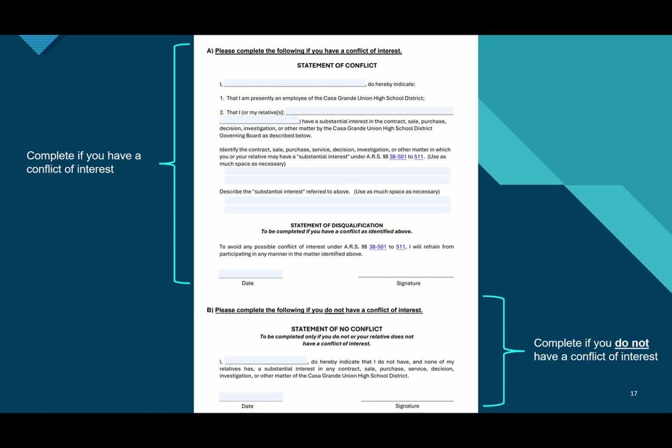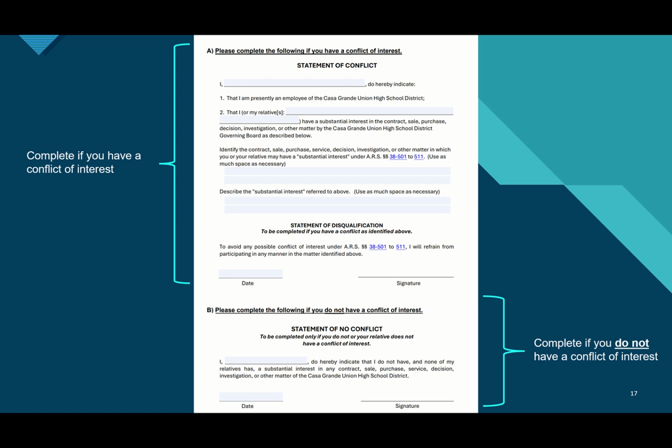And some of you might have seen this. At the top part of the form, you will see section A, and that's to be completed if you have a conflict. So you're going to put your information in there, that is, you or your relative, their name and that number 2.